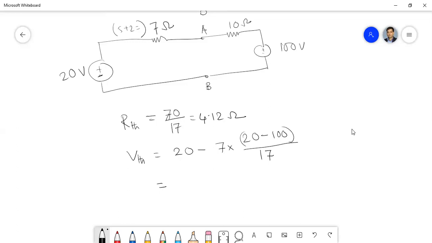What is that? Sir, approximately 52.941. Okay, so 52.941 volt.